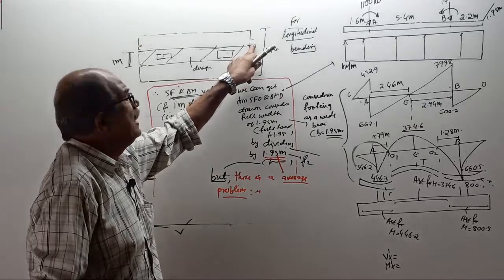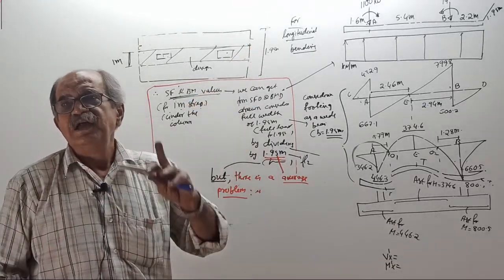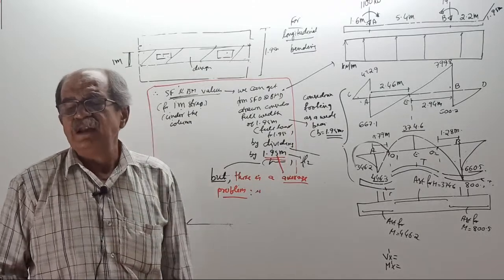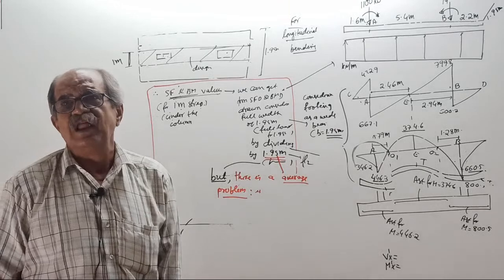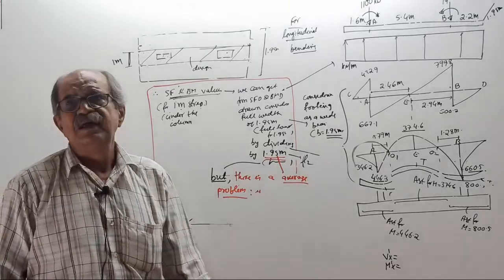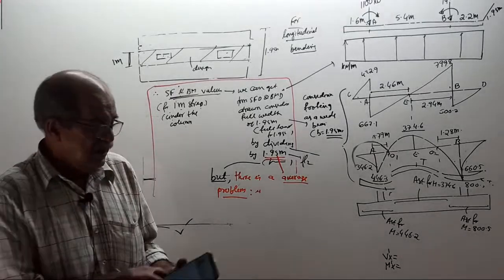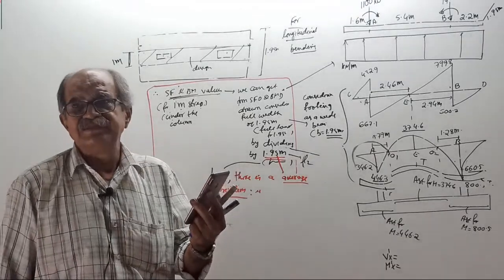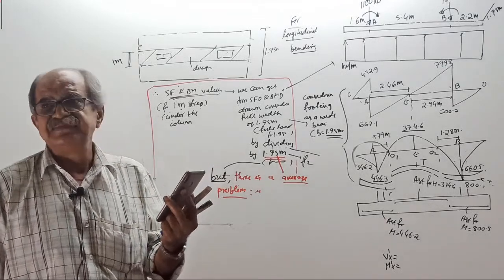The moment you take a strip under the column, the average value is wrong. It will be slightly more than average, or less than average? Tell me.